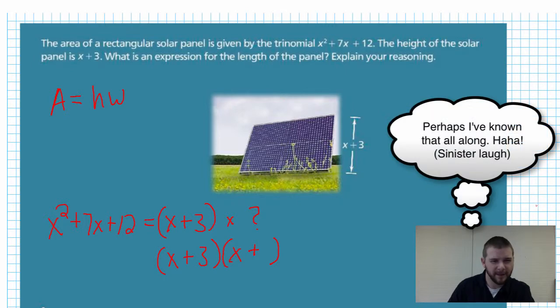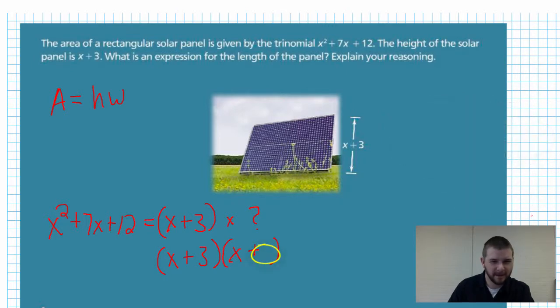And so I'll begin this way: x plus 3 times, and I kind of have a placeholder here for a binomial, but I haven't finished it. I know that when we FOIL our two binomials, we'd like to multiply first, outer, inner, and last in order to get back to the polynomial x squared plus 7x plus 12. And I recognize that x times x, when we multiply our first terms, will yield x squared.